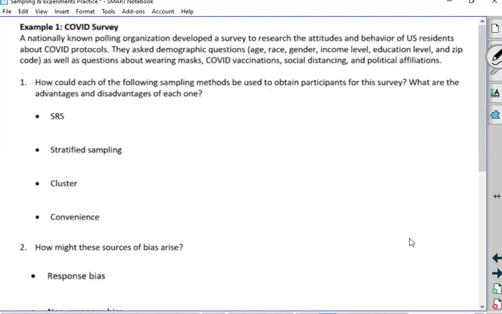So let's say we're wanting to go by income level and maybe by zip code. Zip code probably does have a lot. So maybe they're going to group some zip codes by which zip codes tend to have certain income levels or education levels, and we have a bunch of different zip codes, and those represent a cluster, and then you randomly select a cluster, and you try to contact all the people in that zip code.